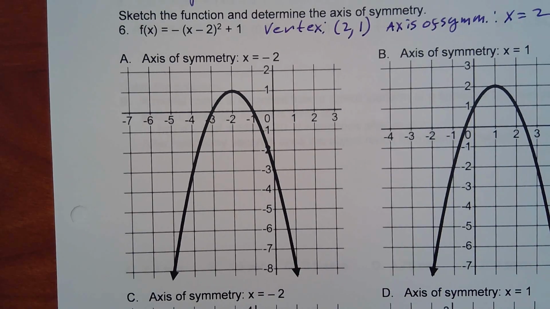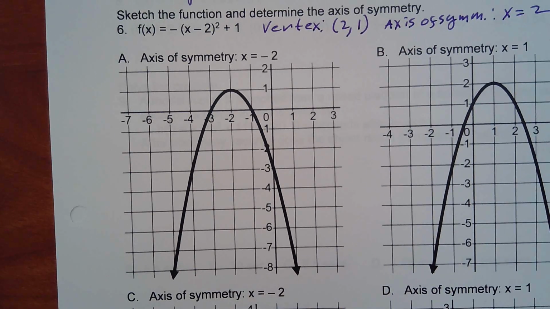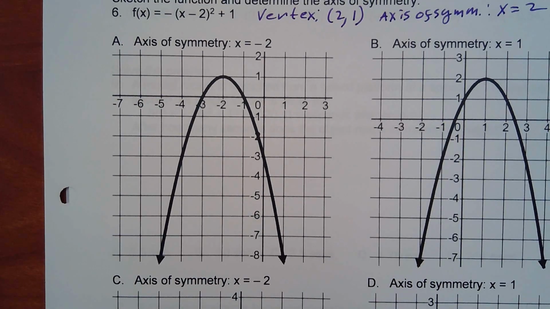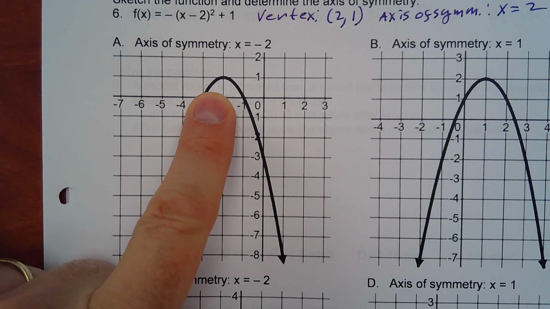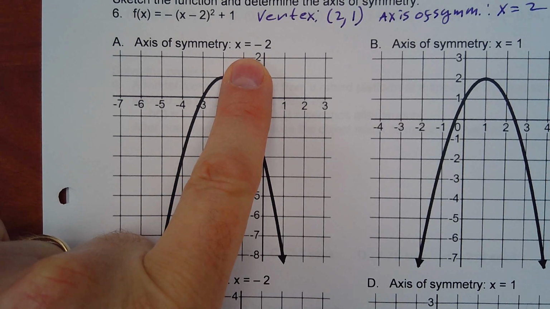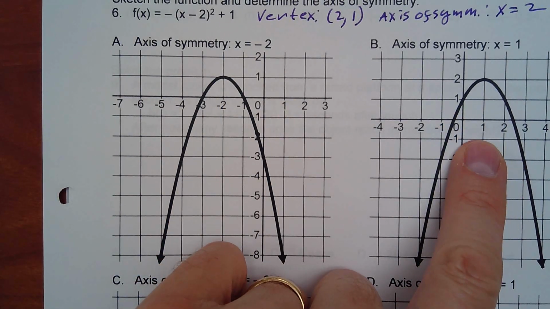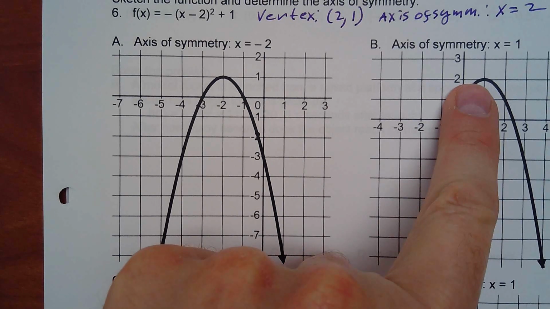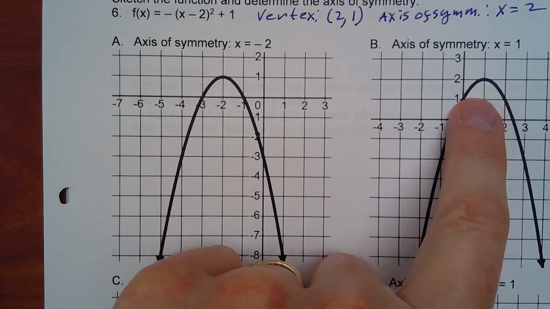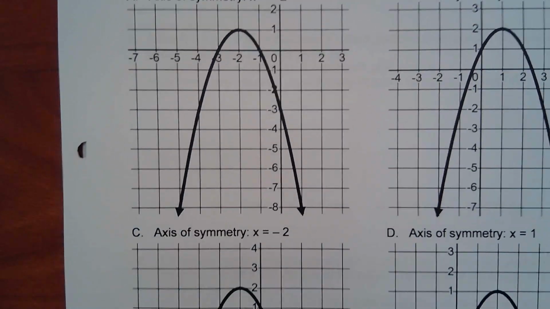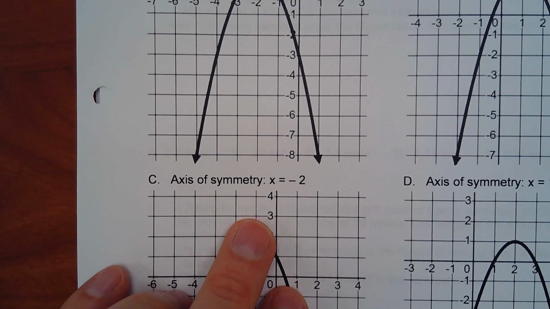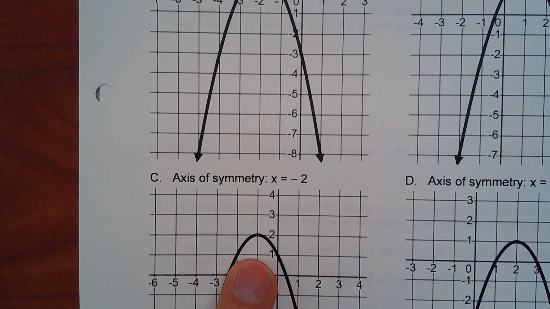So let's take a look at this and see what we have here. Well, first of all, A doesn't have the right vertex, nor does it have the right axis of symmetry. And B, my vertex is 2, so that does not have the right axis. That's not the right vertex, so we can eliminate B. Let's take a look at C. This has the wrong vertex.